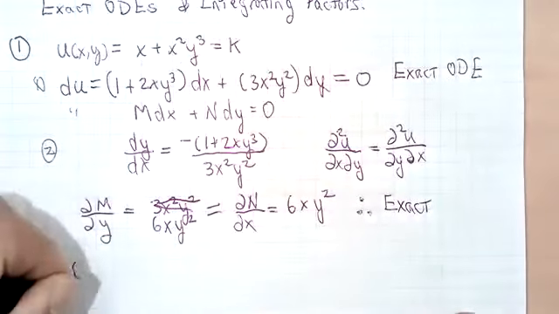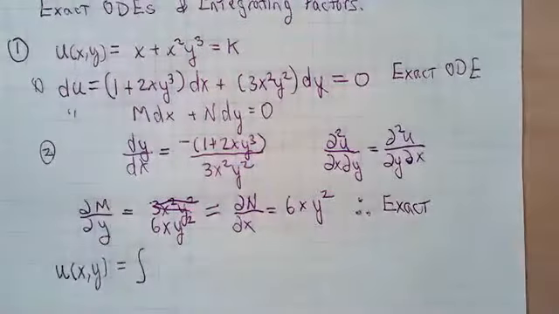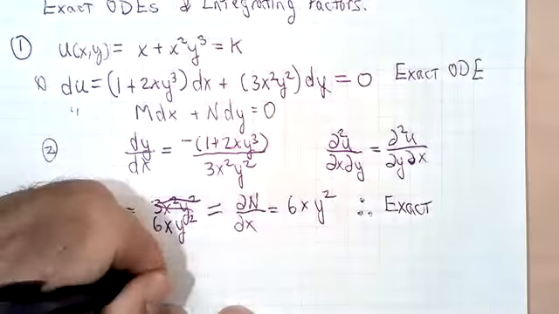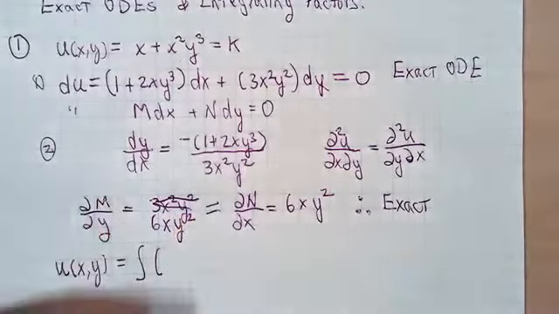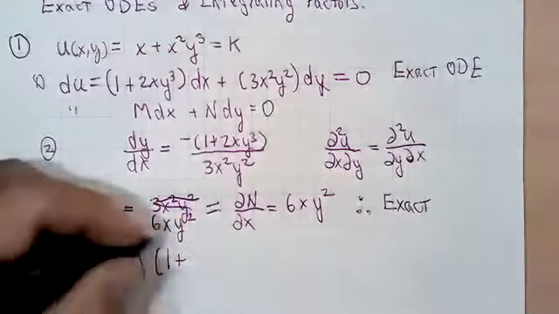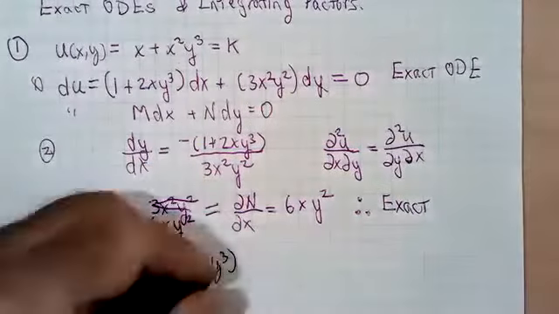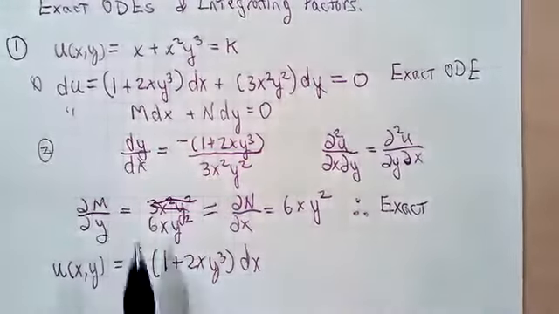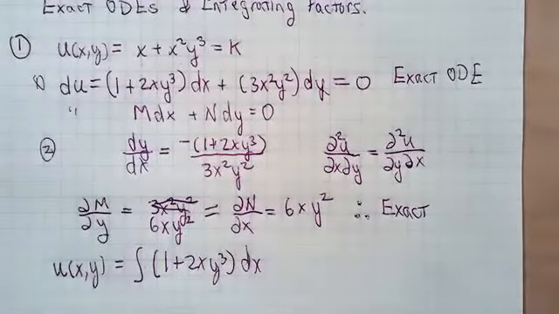So u of x and y is equal to, because I know it's exact, I can move forward with this. I can take the antiderivative of this first term, 1 plus 2xy cubed, with respect to x. In other words, this is the partial with respect to x. We'll just undo that.